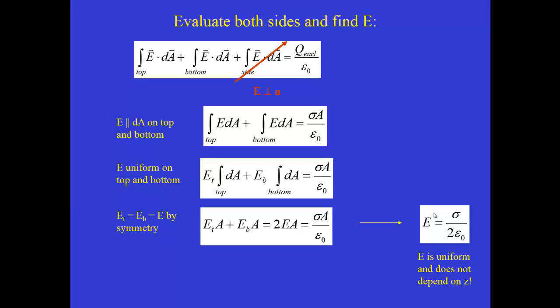This is a result that I certainly could not have guessed in advance without working through the mathematics of Gauss's law. We could have gotten a result like this using Coulomb's law, but it would have taken a lot more work, because Coulomb's law is not set up to calculate the electric field for this kind of charge distribution very easily.